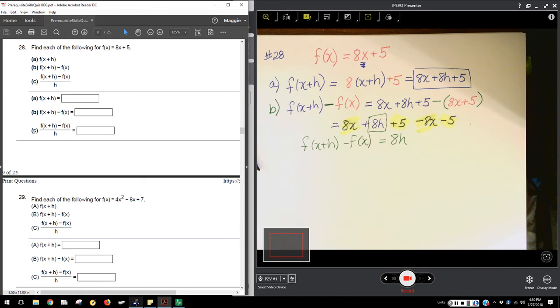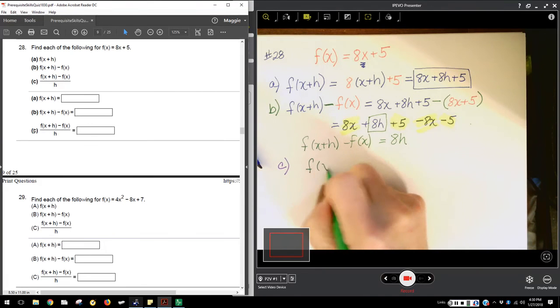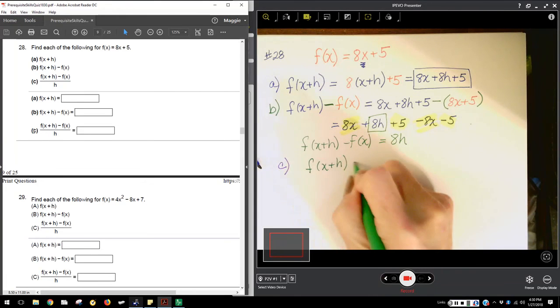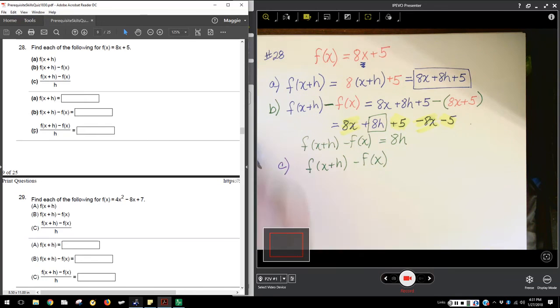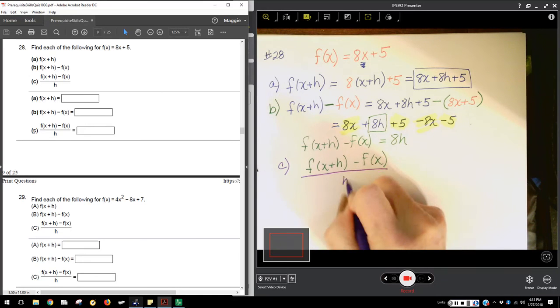And then my third step is to find f of x plus h minus f of x divided by h.